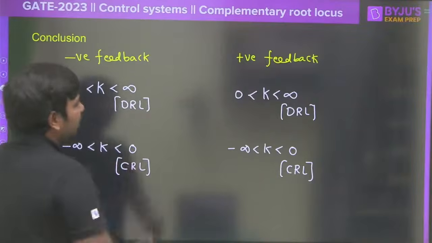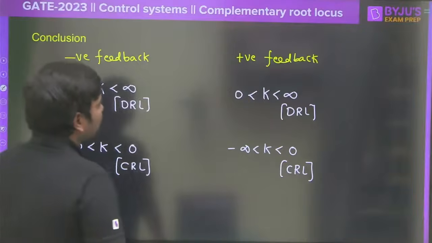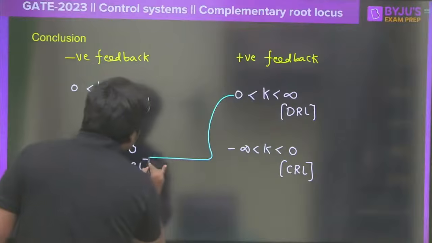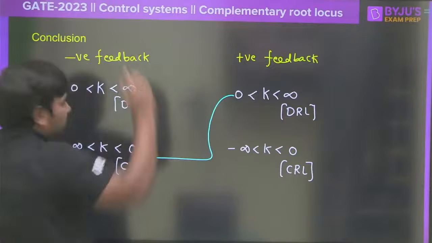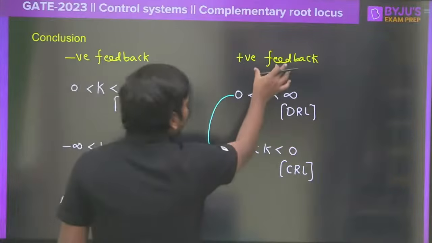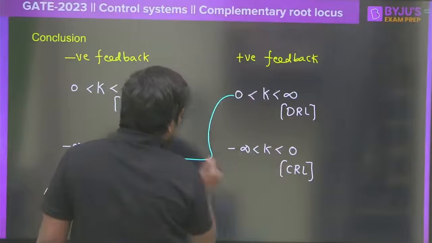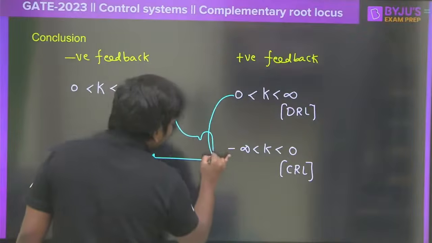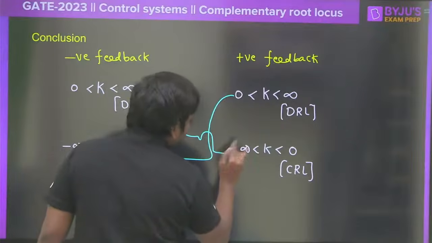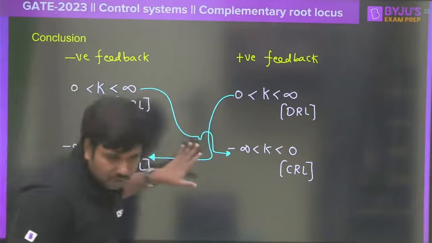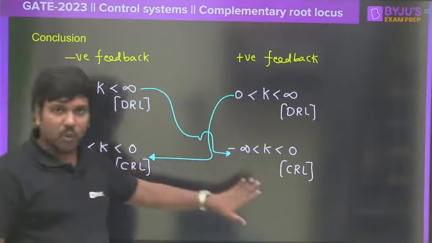What we have understood is that in positive feedback, when we construct the direct root locus, it is technically the complementary root locus of the negative feedback. At the same time, in positive feedback, if you take the complementary root locus, or in negative feedback, if you take the direct root locus, then this is considered the complementary root locus of the positive feedback. Clear? So that's exactly how it should be here. I hope now it's very clear to you.